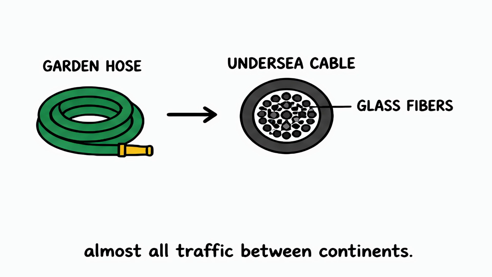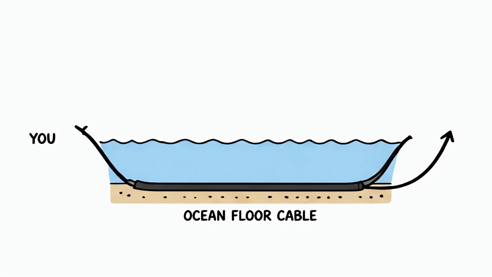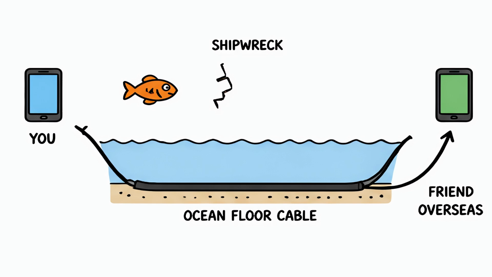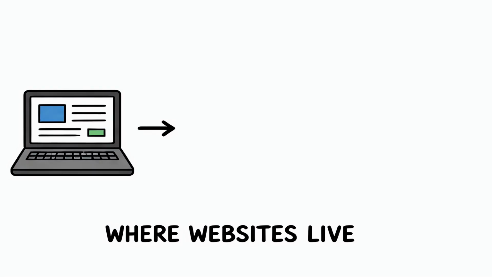Inside them are thin glass fibers, and pulses of light travel through that glass at incredible speed. These cables stretch for thousands of miles between continents. So when you message a friend overseas, your packets are very likely traveling along the ocean floor, weaving past fish, shipwrecks, and deep-sea trenches.